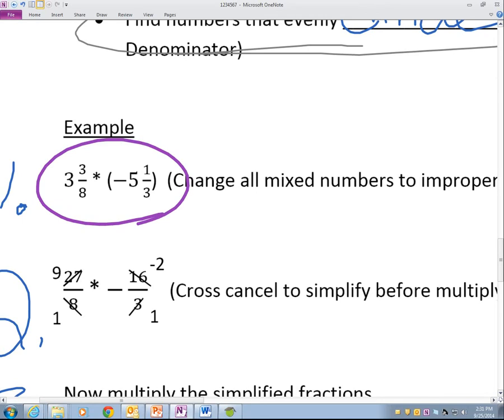Right, same way I did. Half the people in this room do not have the example that looks like that. Now, everybody got that? Just two mixed numbers? Okay.